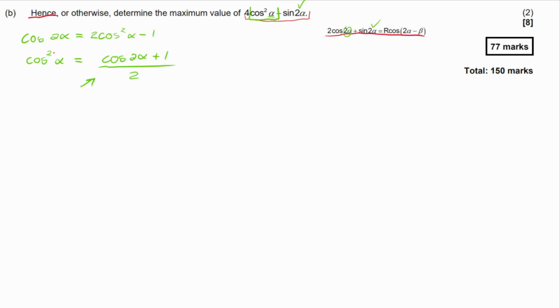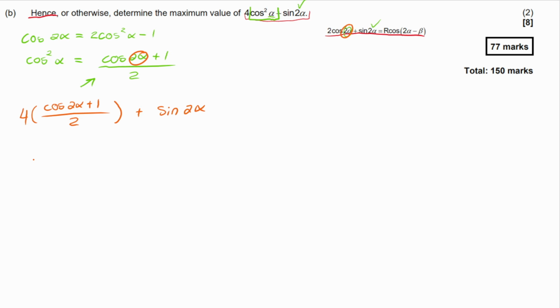And the reason we chose this identity instead of one of the others is because we have to get this cos 2 alpha. So when we replace that, we're going to be getting 4 times cos 2 alpha plus 1 over 2, plus sine 2 alpha.